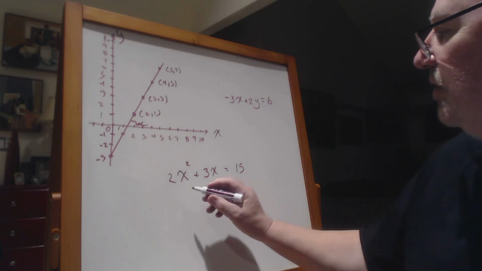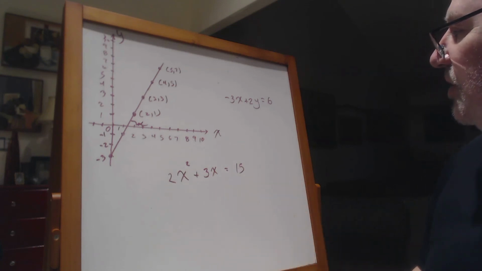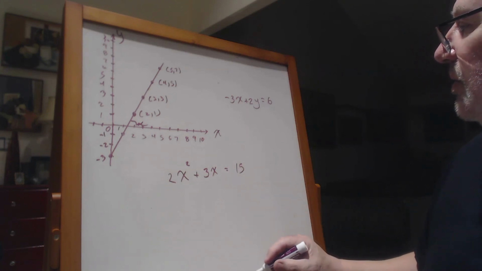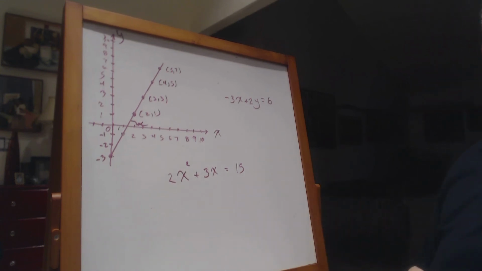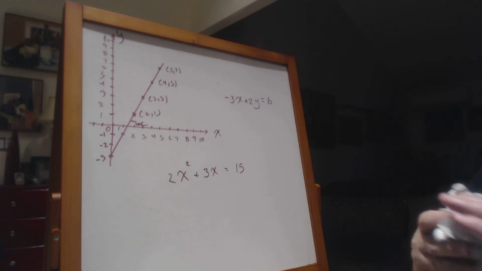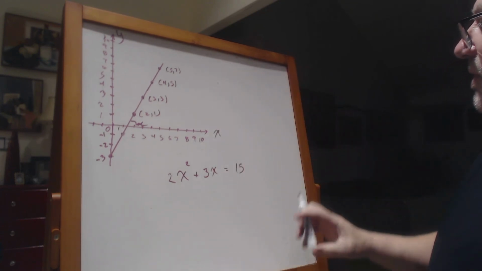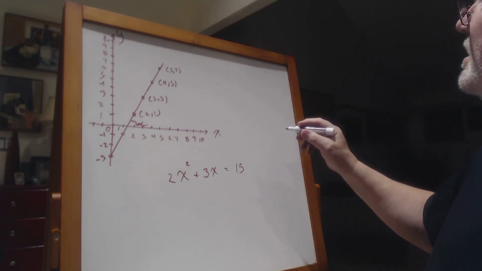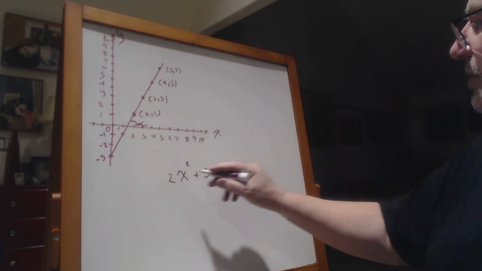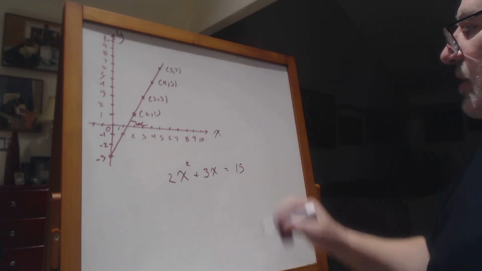And we want to find a value of x that will solve this equation. Well, again, we can create a table, we can guess and plug in numbers and see if we can get this result.